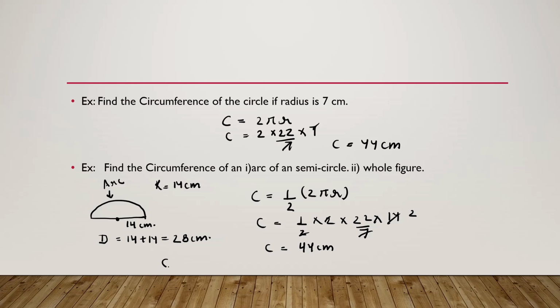So circumference will be the pi r value we just calculated, 44 centimeter, plus diameter 28, which will be 72 centimeter. So the answer will be 72 centimeter for the whole figure, and for the arc of a semicircle it will be 44 centimeter. I hope it is clear to you.